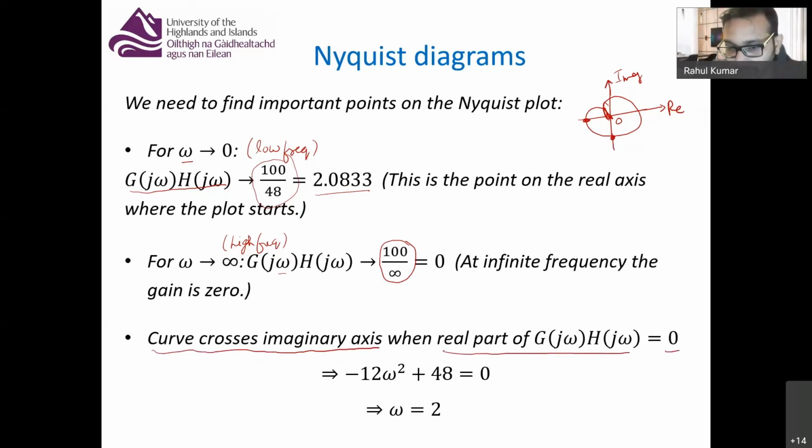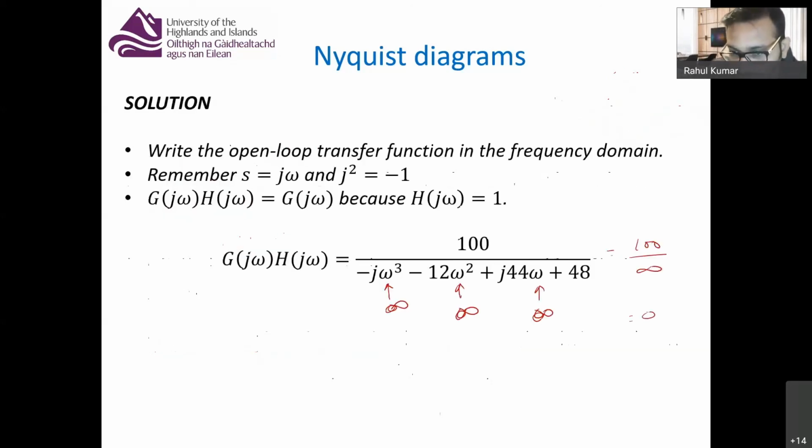So if we go back to the open loop transfer function and find the real parts in the denominator, you have minus 12 omega square, which is real, and 48, which is real, right?